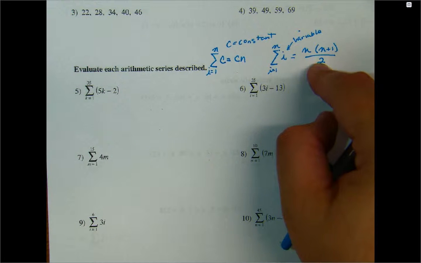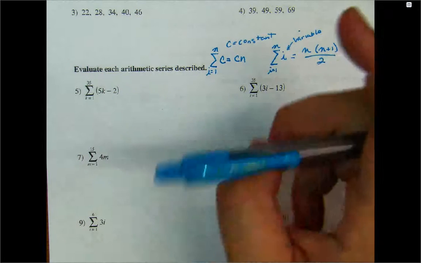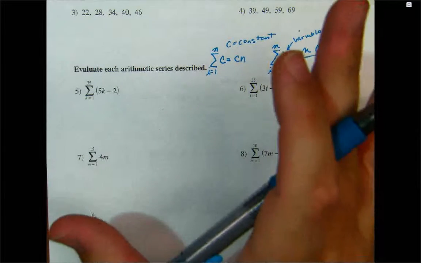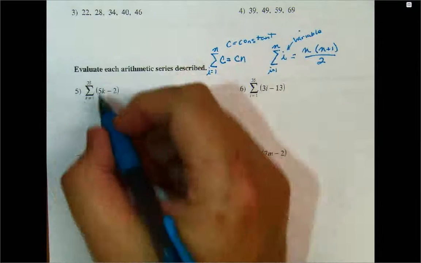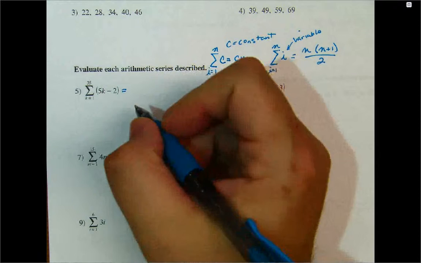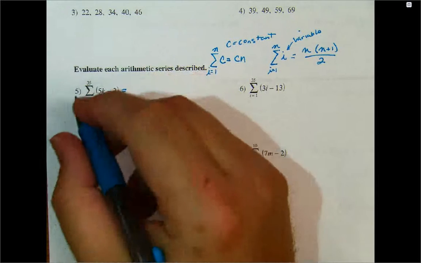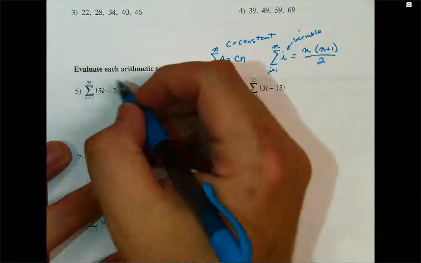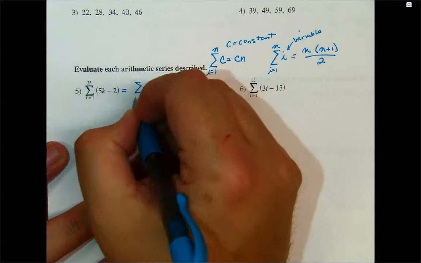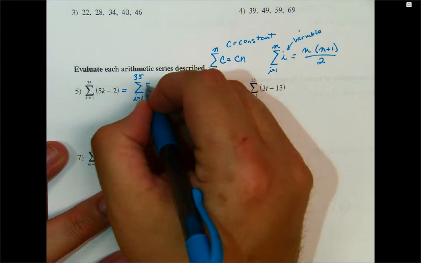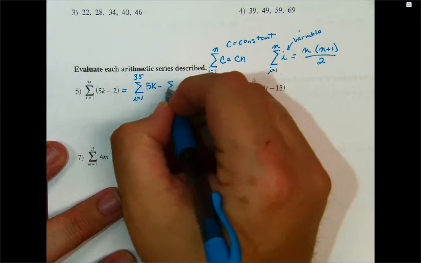Now, one thing that you can do with the summation sign is that we can break this up. So we can do this. We can change this into the summation i equals 1 to 35 of 5k minus the summation of i equals 1 to 35 of 2.